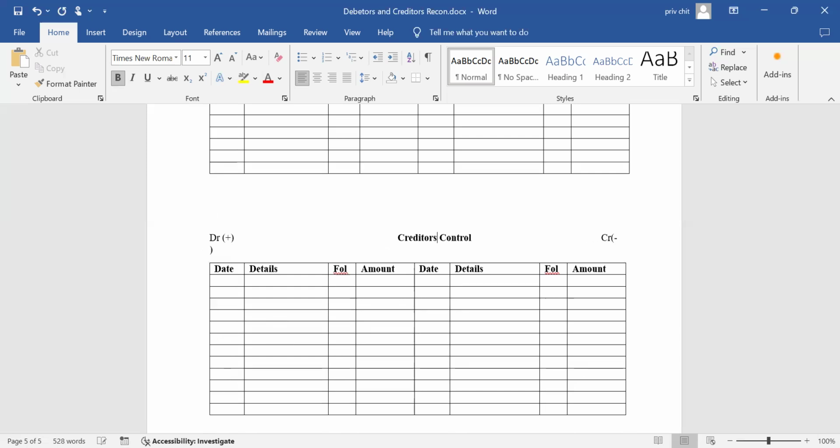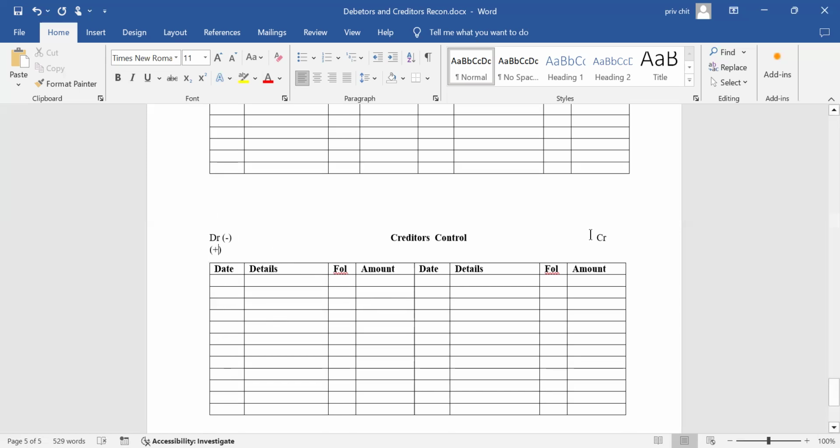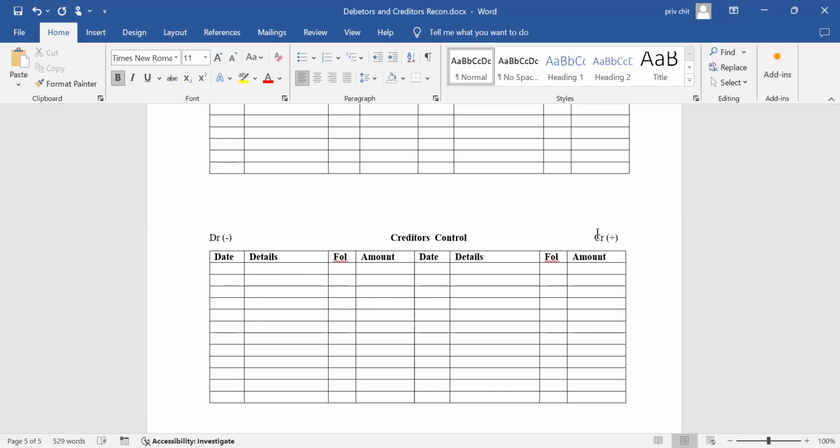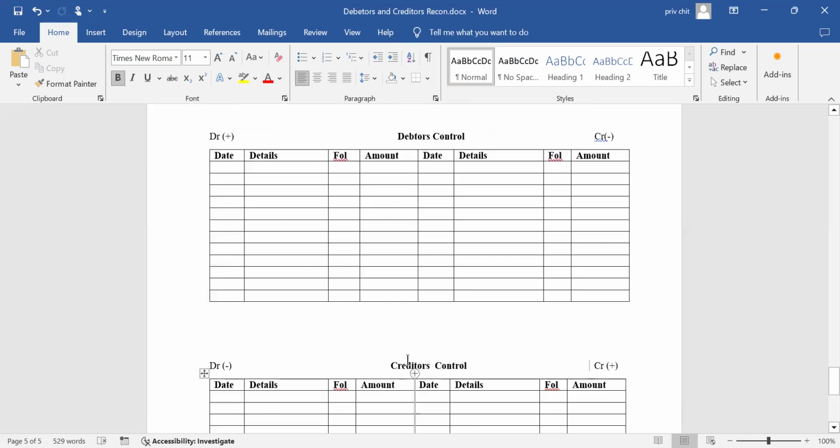By now you should already know that a creditors control would decrease on the debit side and it increases on the what? On the credit side. Does it make sense? Yes, sir. You should know that the creditors control increases on the credit and decreases on the debit side.